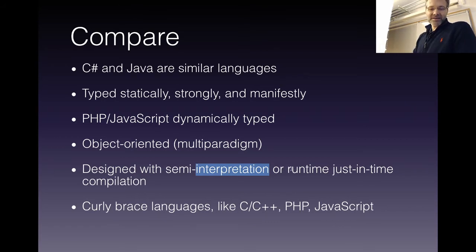And this runtime just-in-time compilation is a behavior of the program running the program. When it executes the program, it can compile parts that are used often and optimize them while the program is running.